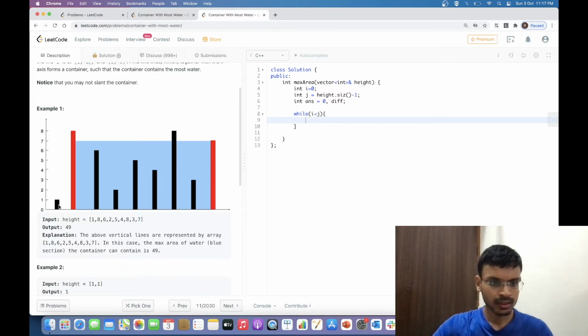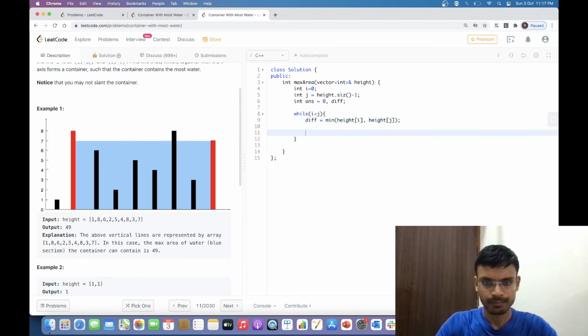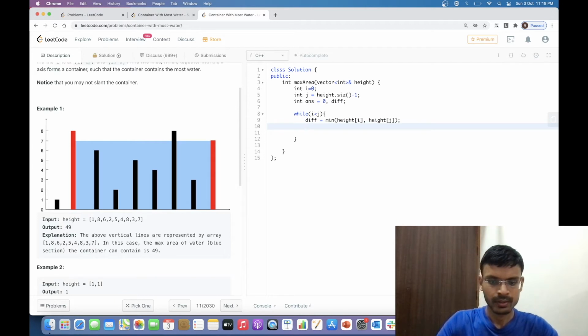The diff variable maintains the minimum height among the ith and jth index correspondingly, so diff is the minimum of height of i and height of j. Then we can make one comparison.